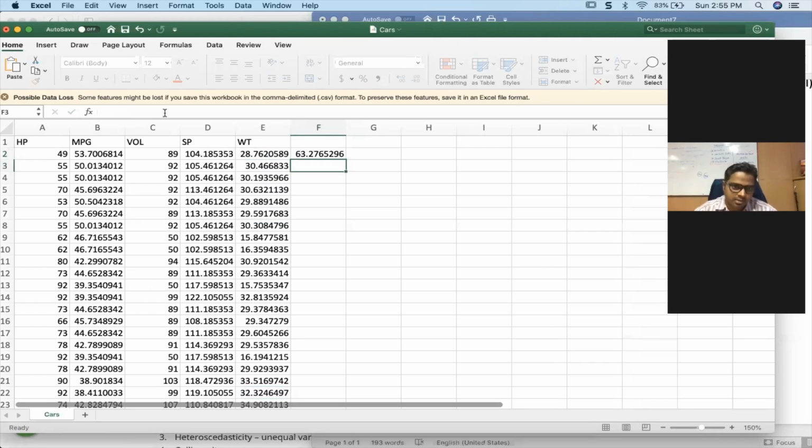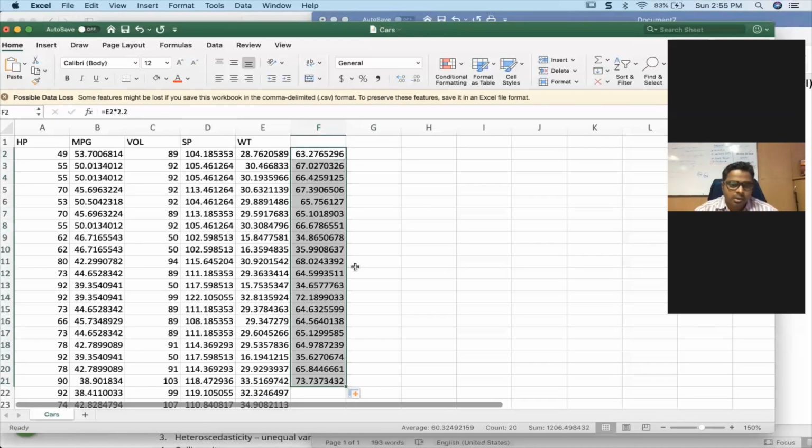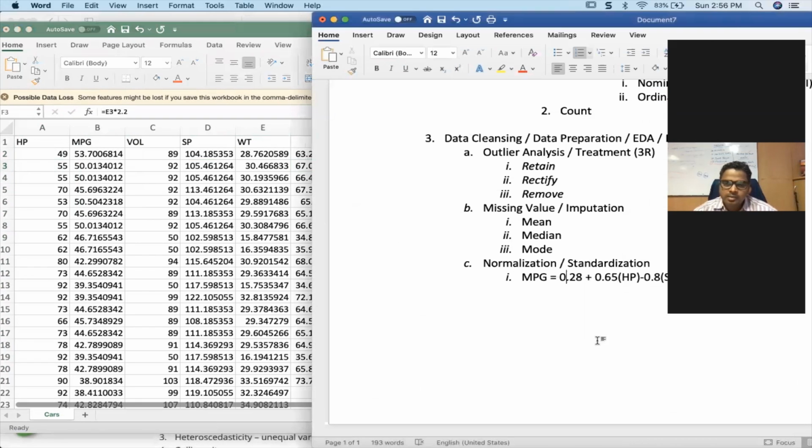Multiplied with... oh, look at this. The moment I started multiplying the value of weight with 2.2, you're getting a big number, which is bigger than your horsepower in the majority of cases. Now, which variable will have the least impact on mileage?